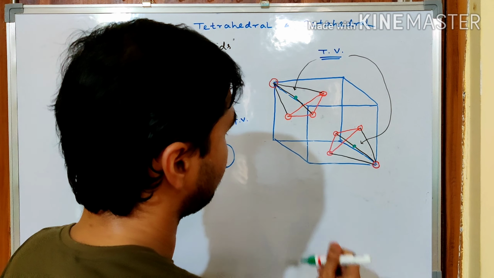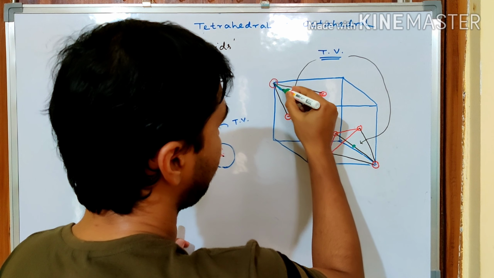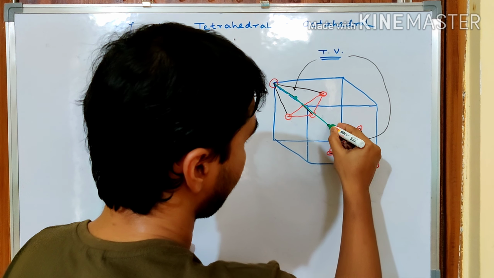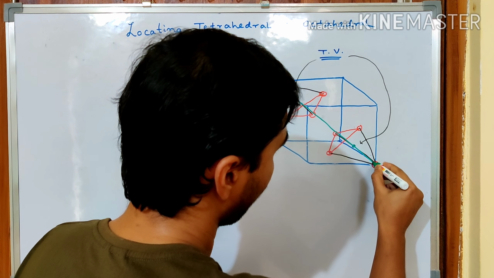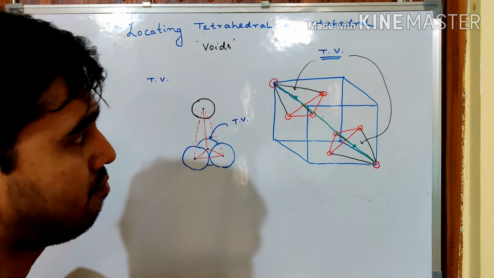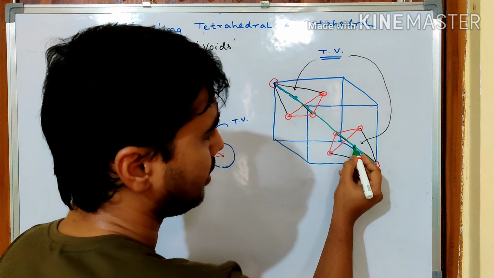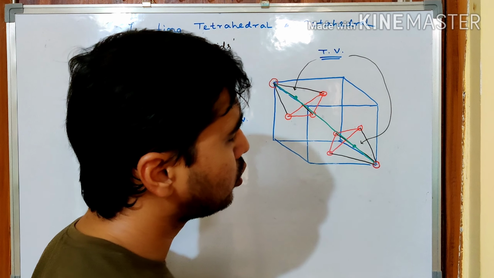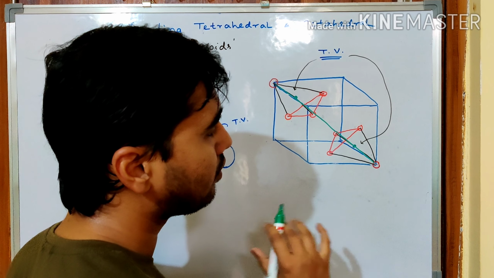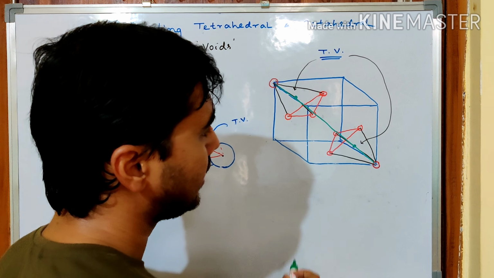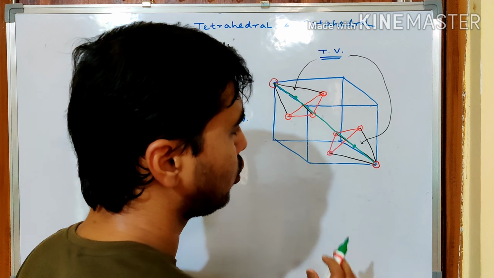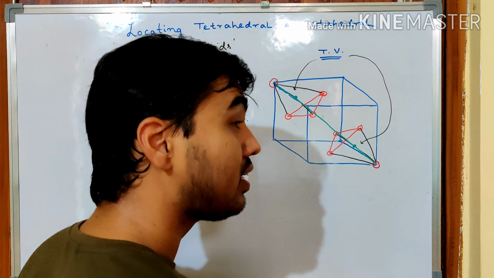if I join these two, from here to here, if I forcefully join, so on that line there are two centers of the voids located. That means on this line itself two voids are located. What is this line?